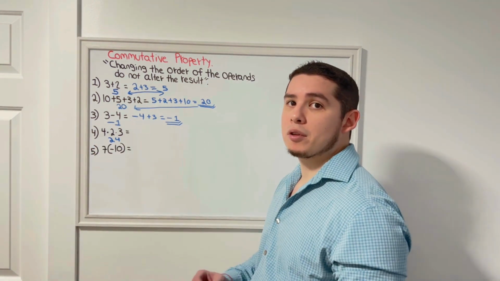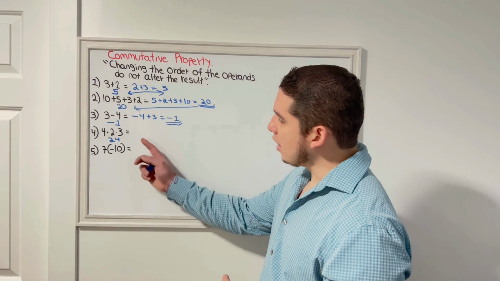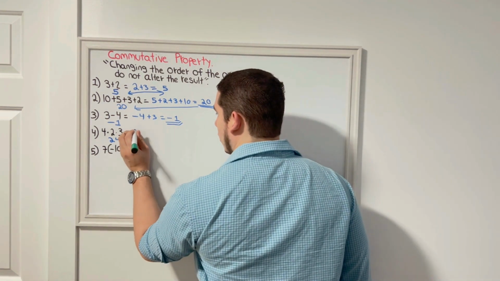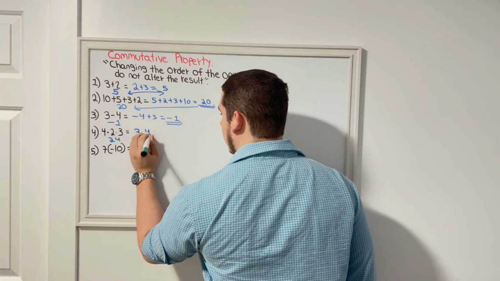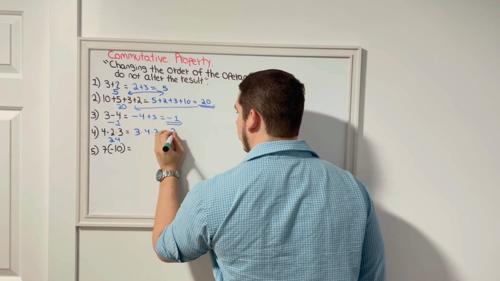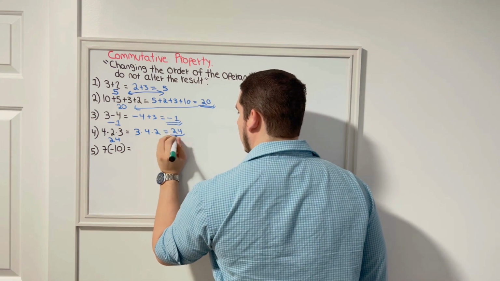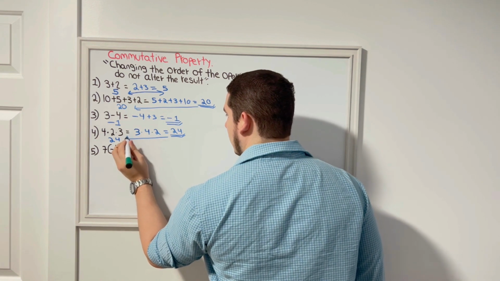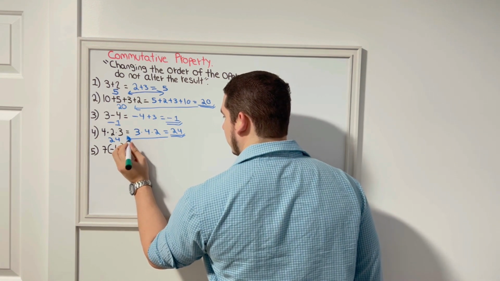But if I want to apply the commutative property, I can rearrange this multiplication into 3 times 4 times 2, and this equals 24, which is the same as the original answer.